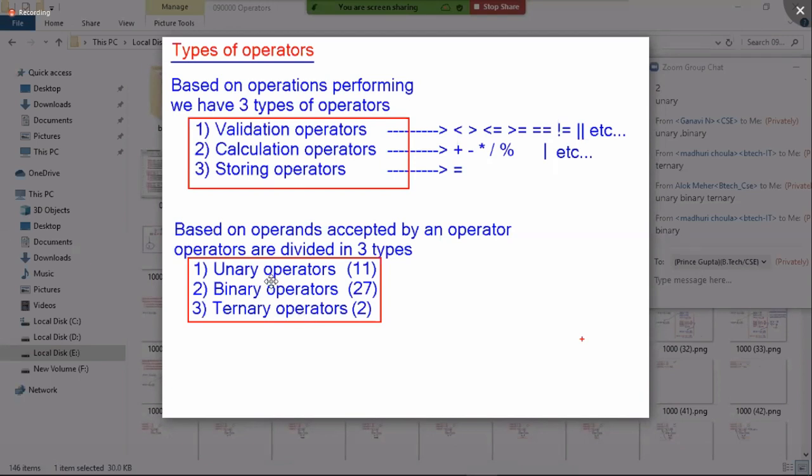So they are called unary operators, binary operators, and ternary operators. Based on the functionality, we have validation, calculation, assignment. Storing operator is nothing but assignment. Based on the operands, we have three types of operators: unary, binary, ternary.